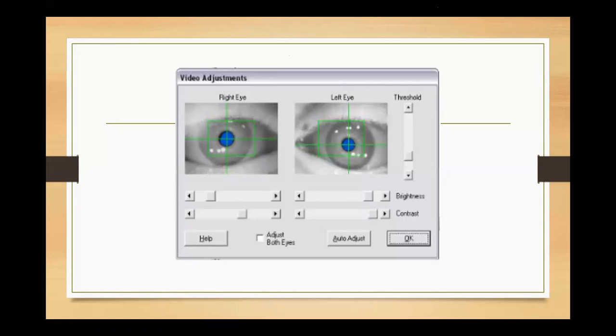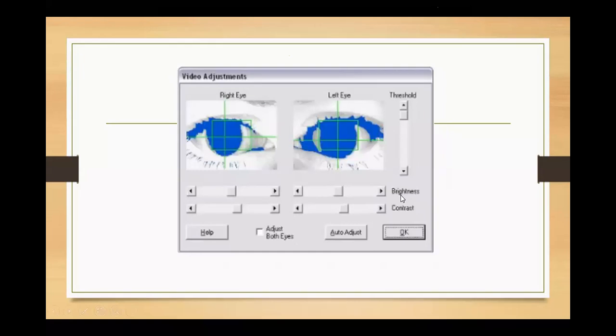So where we can go wrong is here. When the contrast and brightness are not adjusted properly, we will have so many dark places, because of which the recording will have a lot of artifacts, because the crosshairs will keep jumping from one place to another as it tries to find the darkest part.